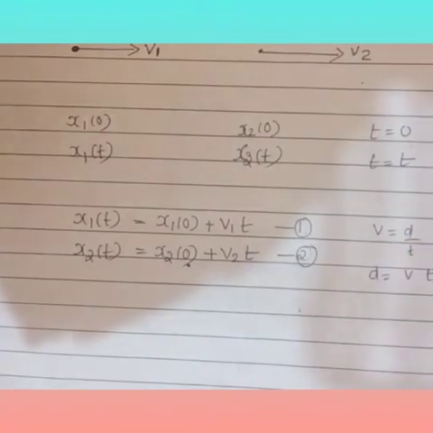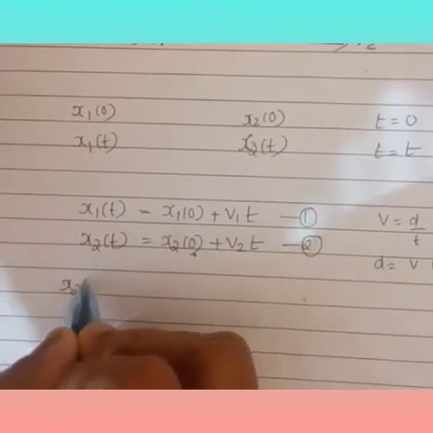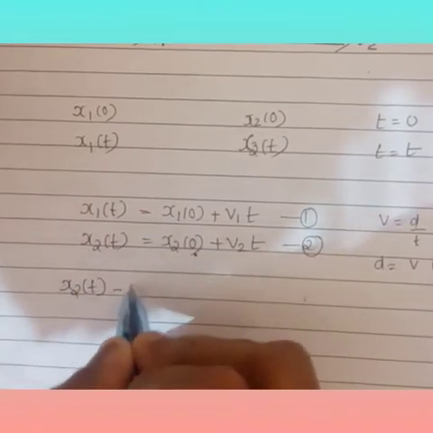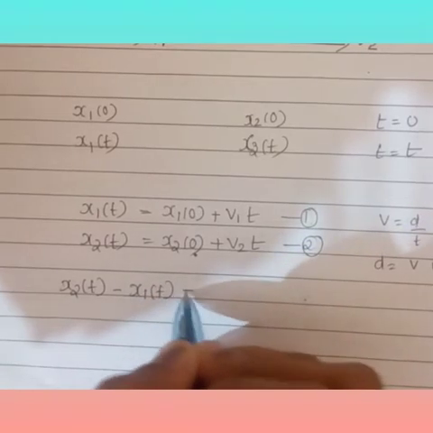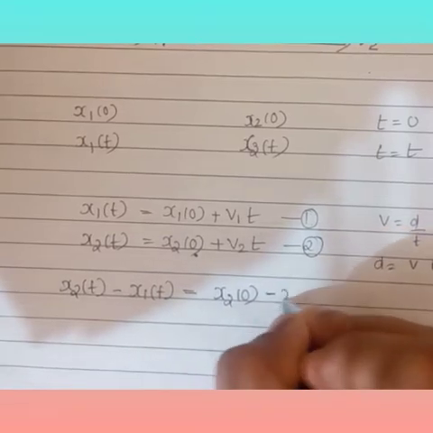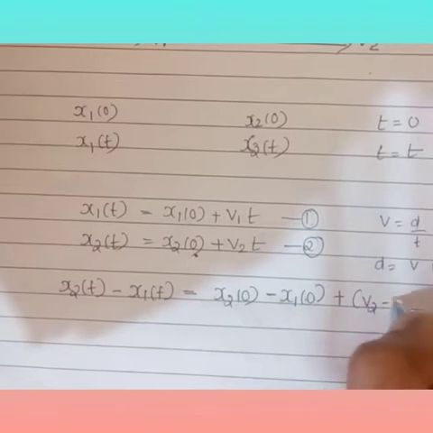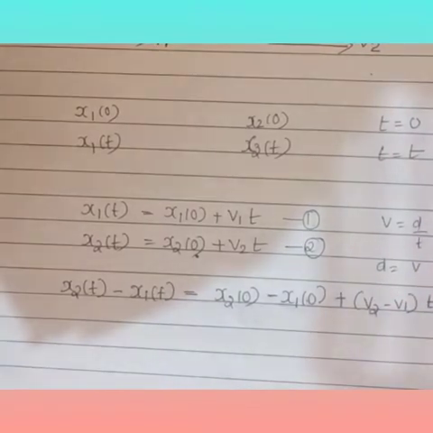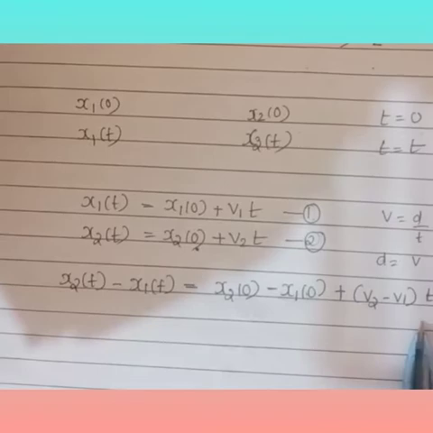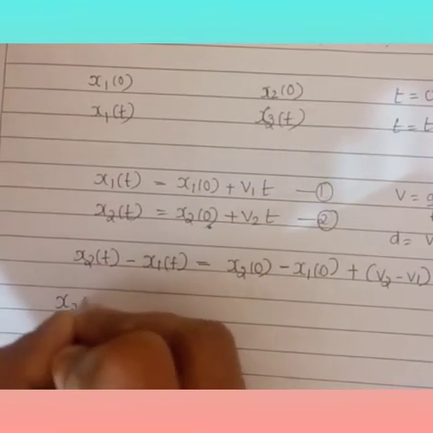Then subtracting 1 from 2, we get x2 t minus x1 t is equal to x2 0 minus x1 0 plus v2 minus v1 into t.